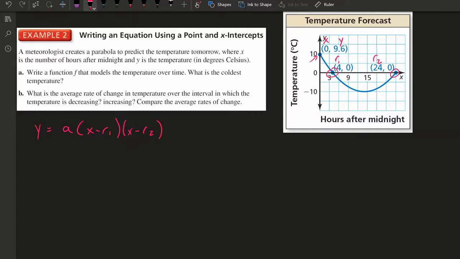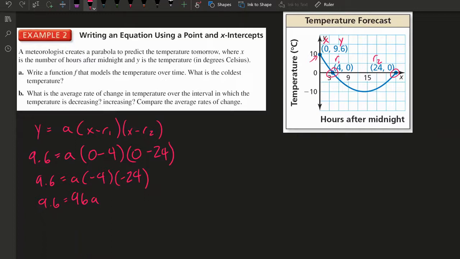we would say y is 9.6 is equal to, a is the variable that we're trying to solve for, x is 0 minus 4, and then again x is 0 minus 24. So simplifying, 9.6 equals a times negative 4 times negative 24, or 96a.